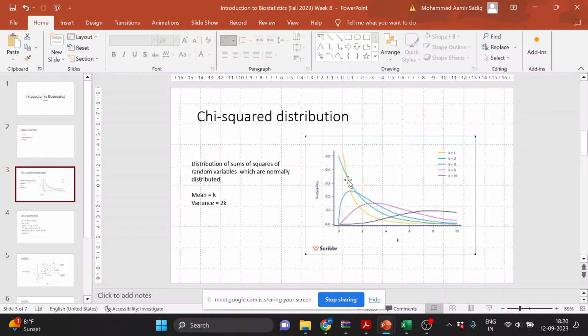So yeah, this is how a chi-square distribution looks like. You got me when I said the mean is k and variance is 2k, right? Any doubts as to what you mean by chi-square distribution?